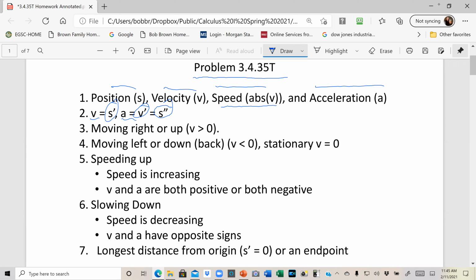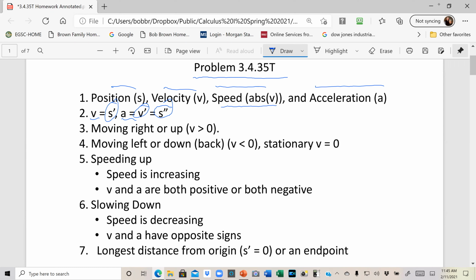Speed is always positive. Now, the object will be moving either right or up, depending on your orientation and the situation, if the velocity is more than zero. It'll be moving left or down, or maybe backwards, if the velocity is less than zero. It'll be stationary, in other words, motionless, if the velocity is equal to zero.